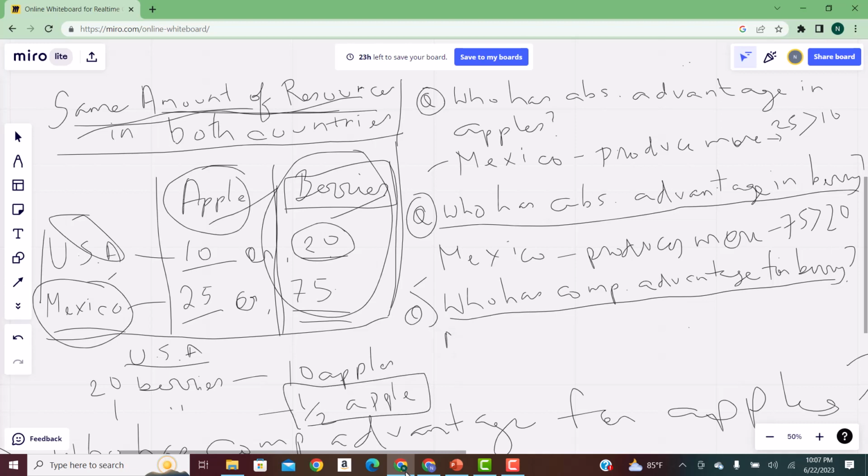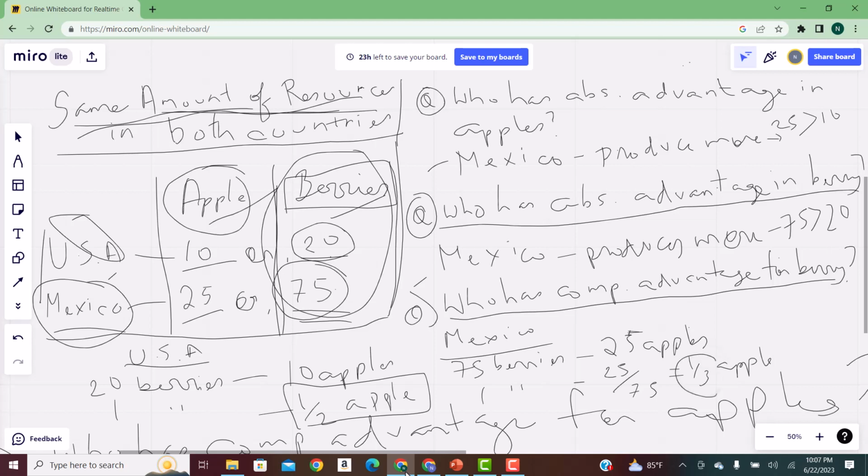Now we look at Mexico. Same way. To produce 75 berries, Mexico is giving up 25 apples. So to produce one berry, they are giving up 25 divided by 75, which equals 1/3 apple. So half is 0.5, one third is 0.33.